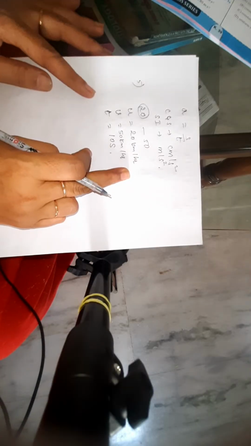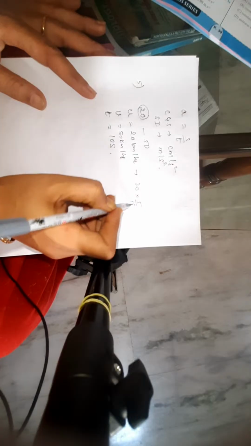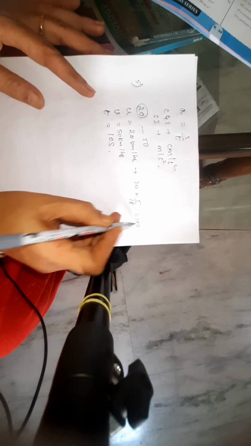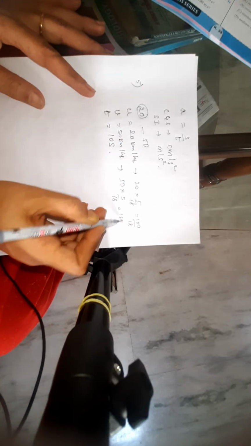Time is given as 10 seconds. To find acceleration, first we need to convert them into meter per second. So multiply this by 5 upon 18. So it is 100 upon 18. And the same way 50 multiplied by 5 upon 18. So it's 250 upon 18.